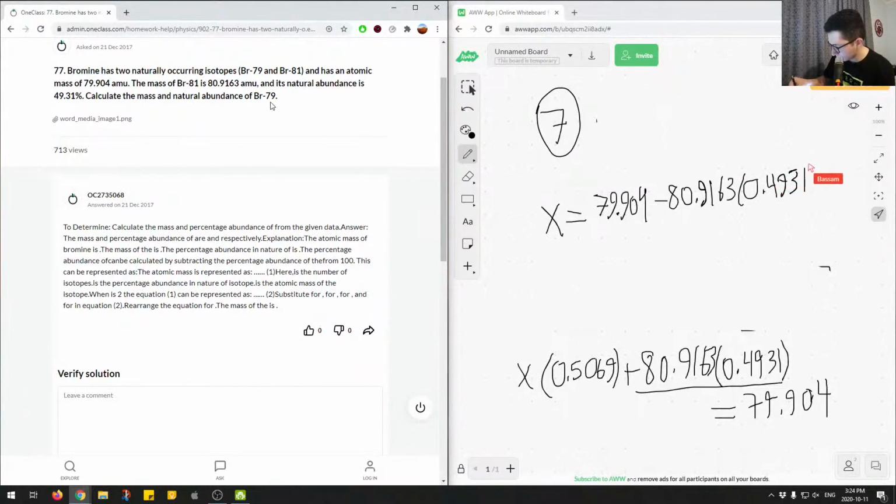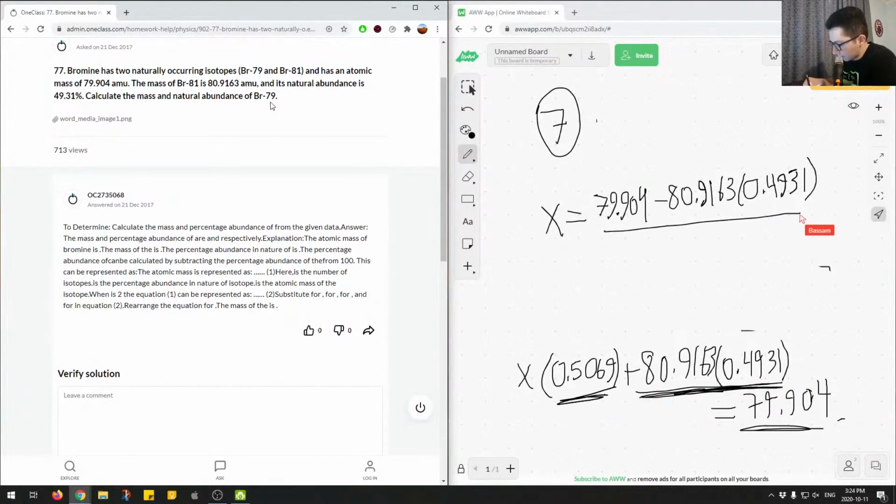We subtracted this term to isolate x, and then we just divide both sides by 0.5069, so that goes on the bottom.